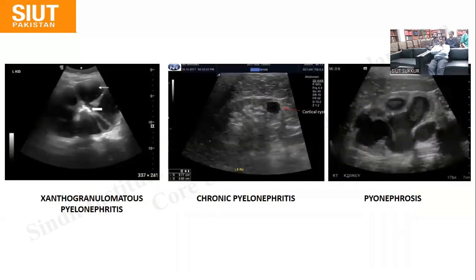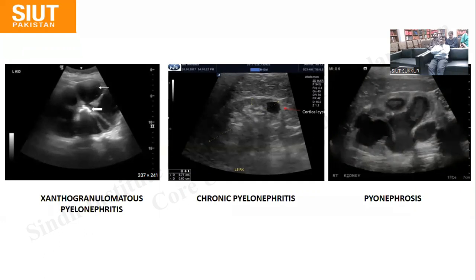Now, starting from the left, we can see a dilated collecting system with echoes inside it, and an enlarged kidney that is also grossly hydronephrotic. That is pyonephrosis. The middle picture suggests chronic pyelonephritis, where we can see a small atrophic kidney.